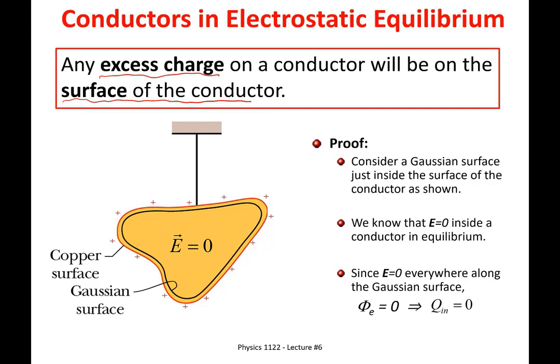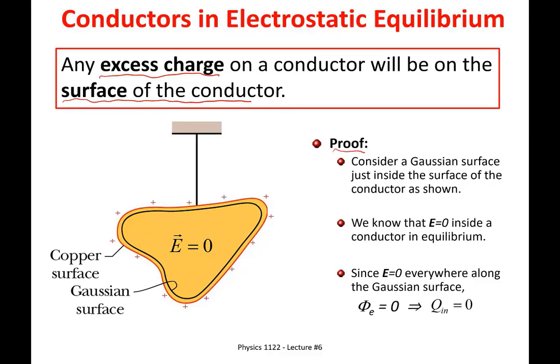Part of that can be understood intuitively in the sense that like charge wants to get away from other like charges. They're repulsed from each other, so they're going to move to the surface where they can spread out as far as possible. And a proof is outlined on the right-hand side of the slide.